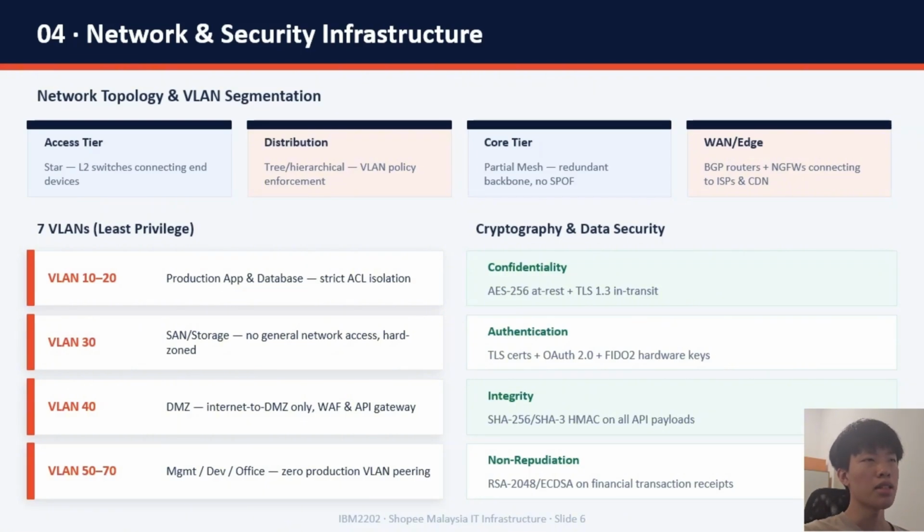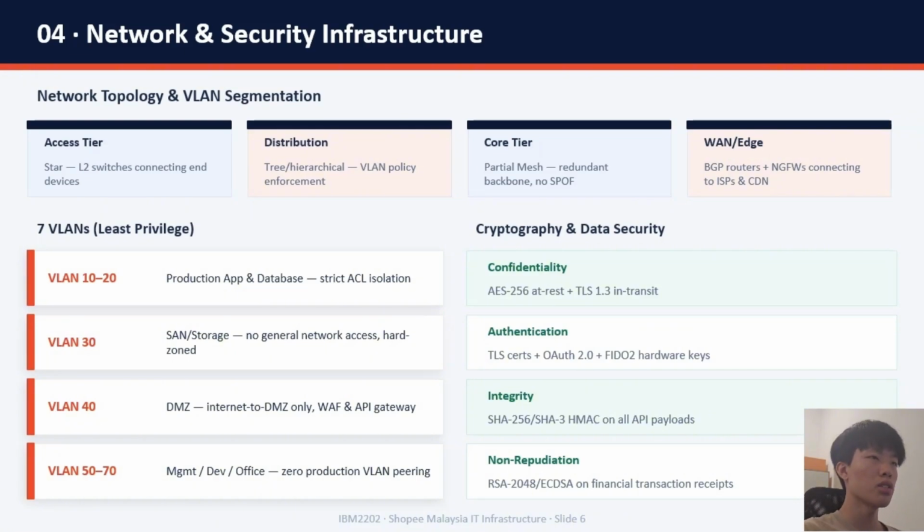The DMZ in VLAN 40 acts as a buffer zone. Internet traffic can reach the load balancers and WAF, but cannot directly reach the internal production network. The CDE traffic in VLAN 30 is completely isolated, with no general network access.